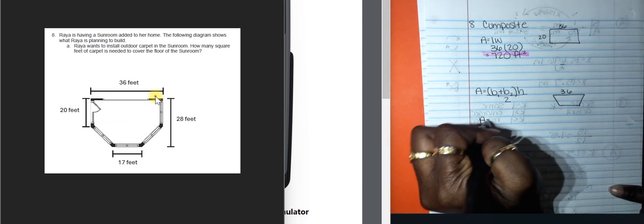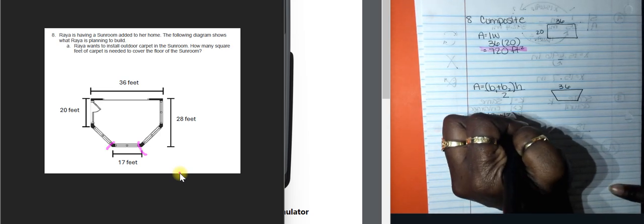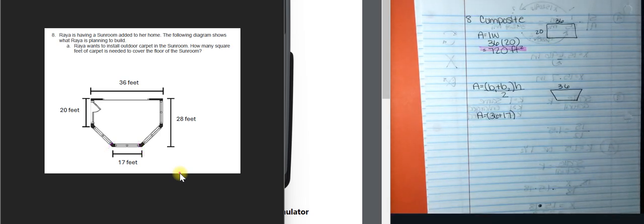We see that going from here to here was 36 feet. So I'm going to leave this as 36 and keep my A because I don't have the area yet. So I have 36 plus, from here to here is 17. So we have 17. And then we're going to multiply by the height, right?